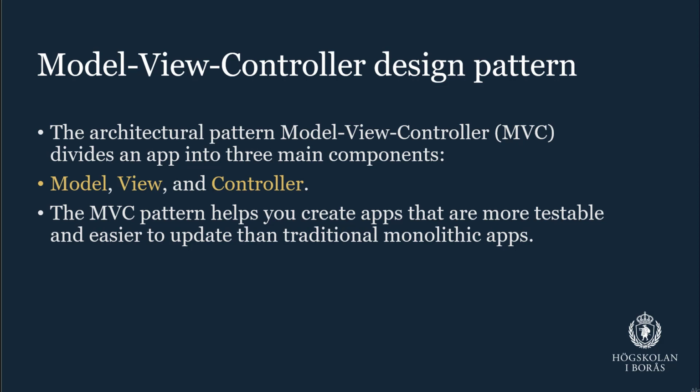This pattern could be used for any type of app, but in web settings it is useful, as it allows us to create more testable applications that are easier to manage and update than more traditional monolithic apps, where you have one large component that becomes very huge. Instead, here we divide our applications into at least three major bits, being the model, the view, and the controller.